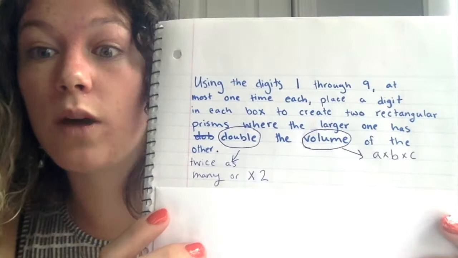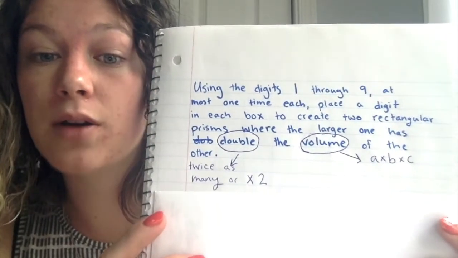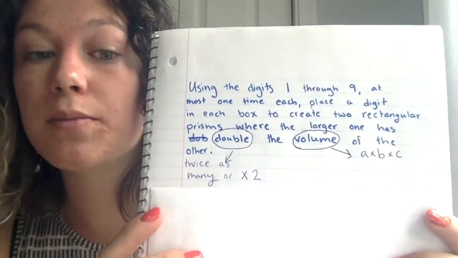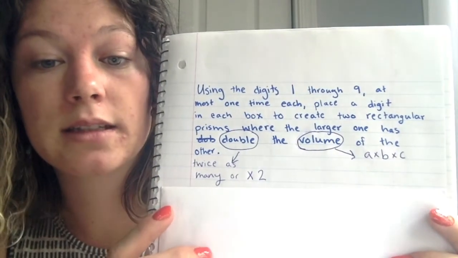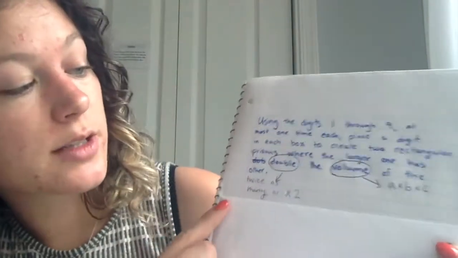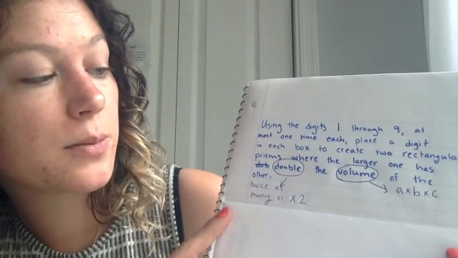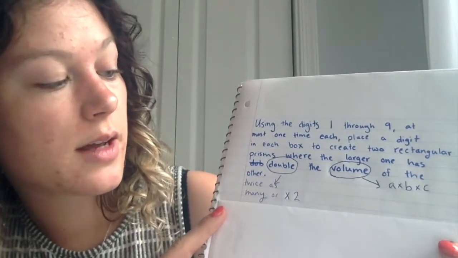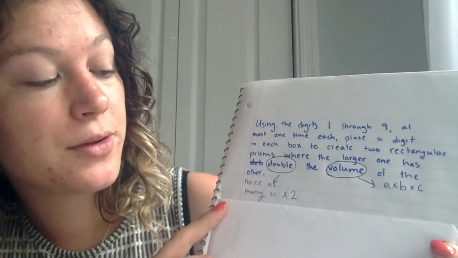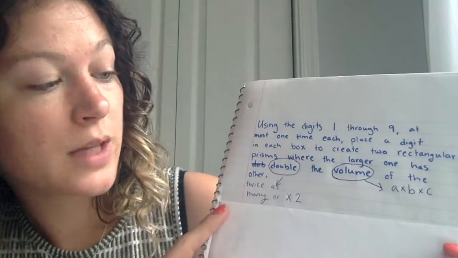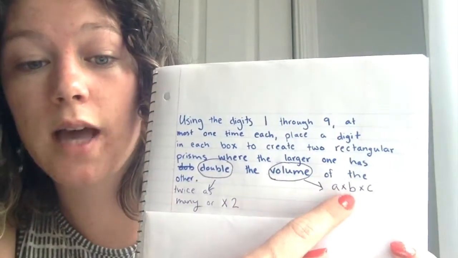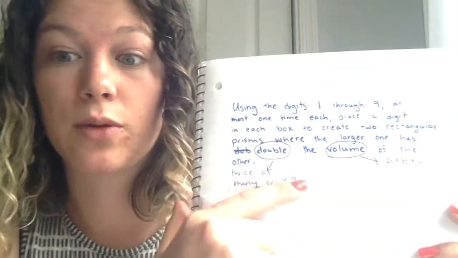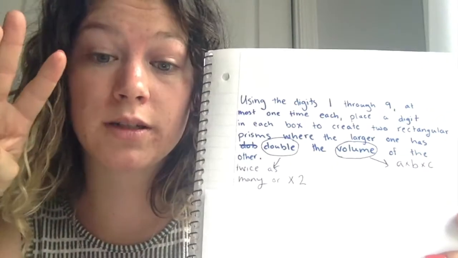Using the digits 1 through 9, at most one time each, place a digit in each box to create 2 rectangular prisms where the larger one has double the volume of the other. So just as a reminder, I wrote that volume is A times B times C. So we're going to remember that we're multiplying our 3 numbers.